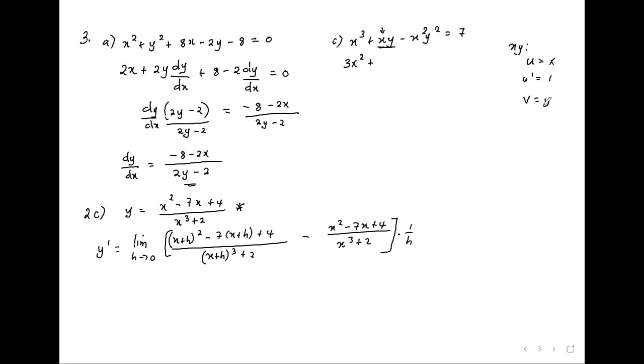We let v be y, differentiate it, we get 1 multiplied by dy/dx. So we have u prime v, that is y, plus v prime u, that is x dy/dx, minus the same thing, we have 2x multiplied by y squared, and then minus 2y x squared dy/dx. It will be equal to 0 because the derivative of any constant is 0.